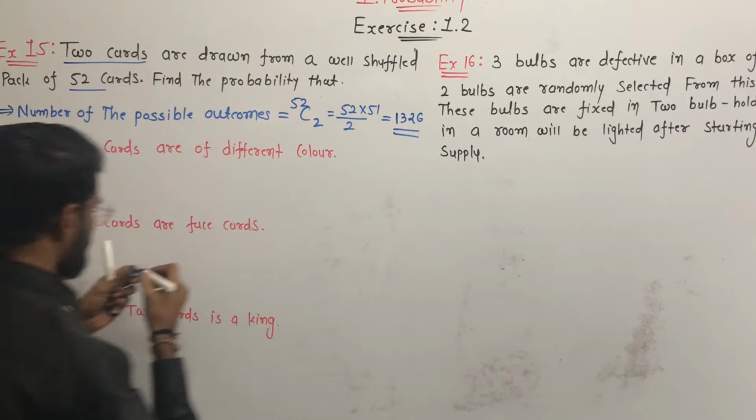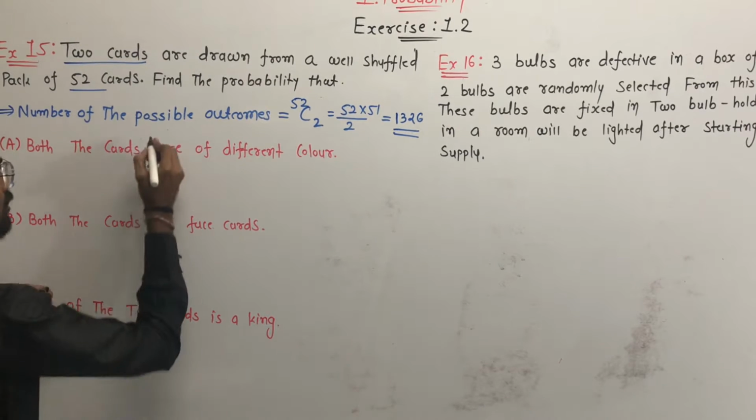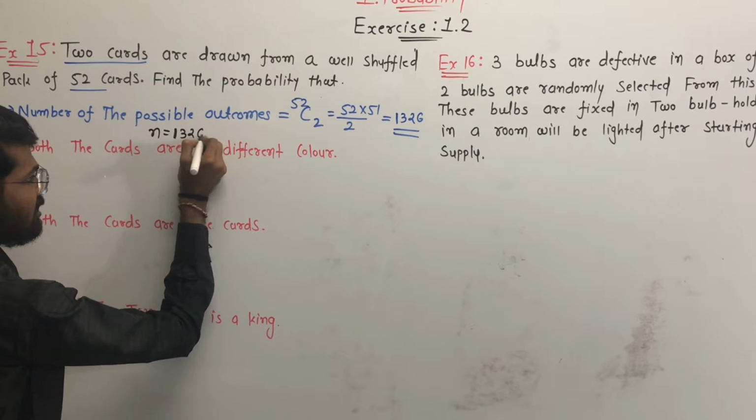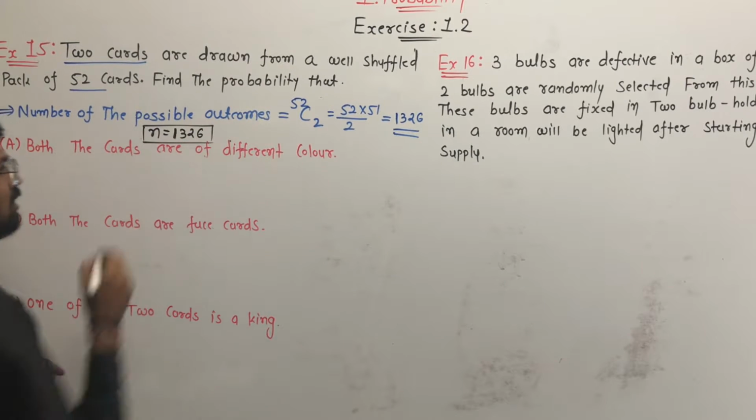So our total number of possible outcomes n is equal to 1326.